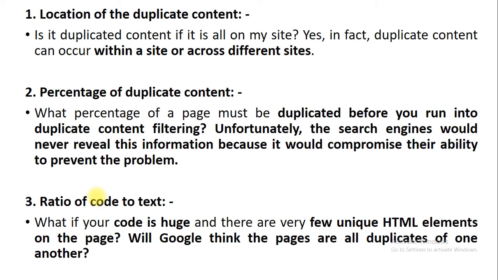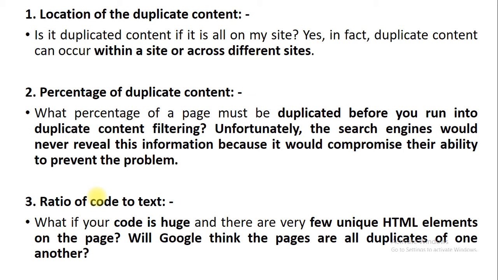That means in what percentage you have put duplicate content in the website. That percentage ratio should be maintained, but unfortunately Google or any search engine will never reveal this type of information. It will automatically manage this type of problem.